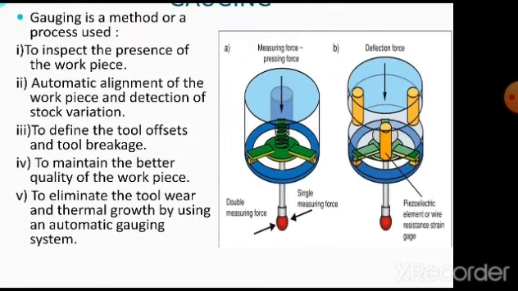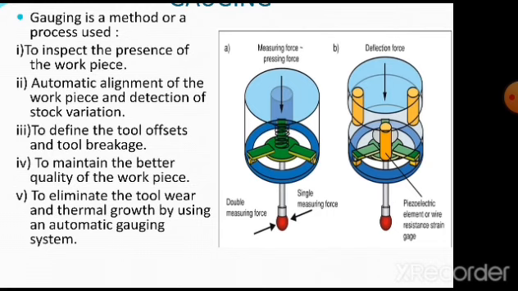So let us understand what is exactly the meaning of a gauging process. Gauging is a method or a process used first to inspect the presence of the workpiece, because once the workpiece is mounted by the operator, it has to be sensed whether it is present or not. That function is also carried out by the gauges: automatic alignment of the workpiece and detection of the stock variation.